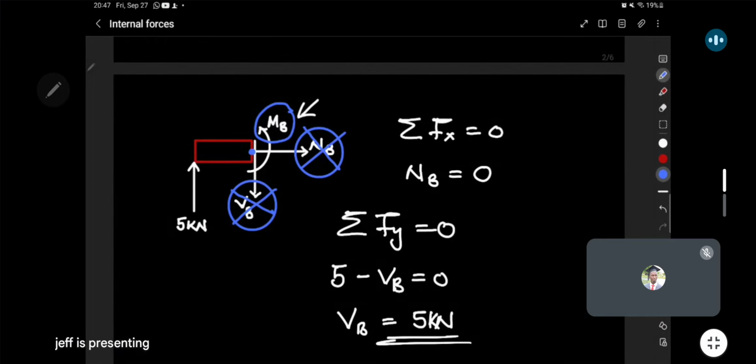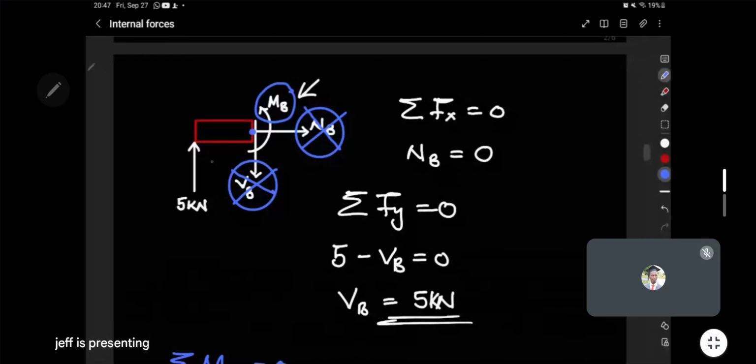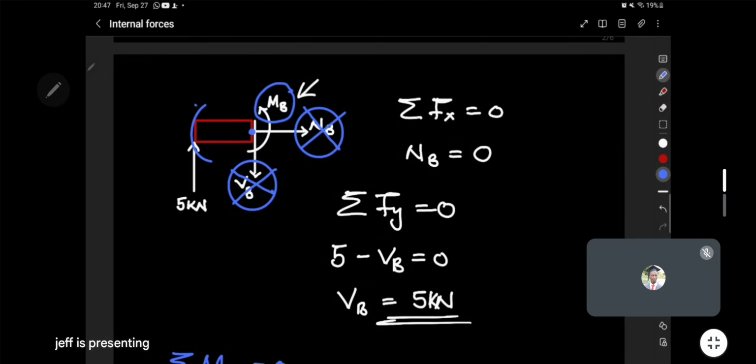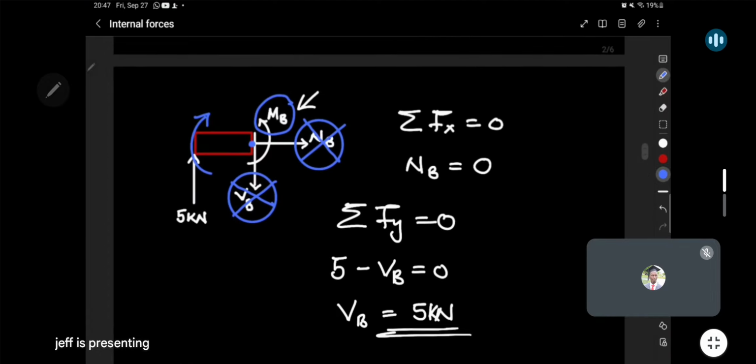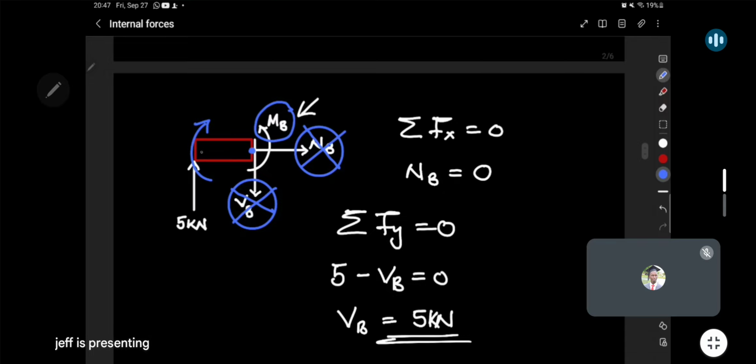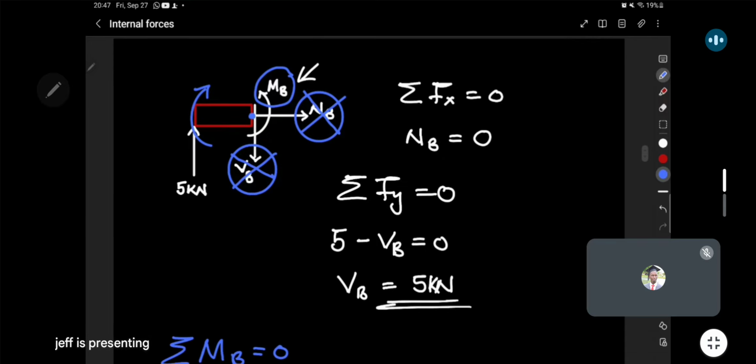The 5 kilo is going to be causing a clockwise rotation, so we're going to have a minus, but multiplying what distance? We need the distance from the 5 kilo, which is point A, all the way up to point B. So this is why we'll use that 3 meters.